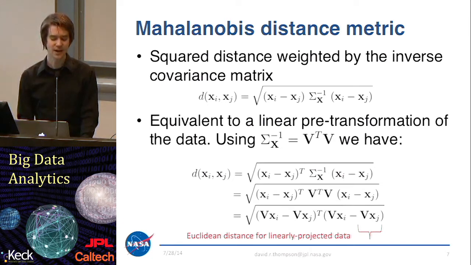And note that you can calculate this decomposition for any positive semi-definite matrix. It's possible to decompose it into the V's as we've done here. So there's a natural relationship between the Mahalanobis distance metric, or this ellipsoidal distance, and the linear dimensionality reduction strategies that we've explored in previous lectures.